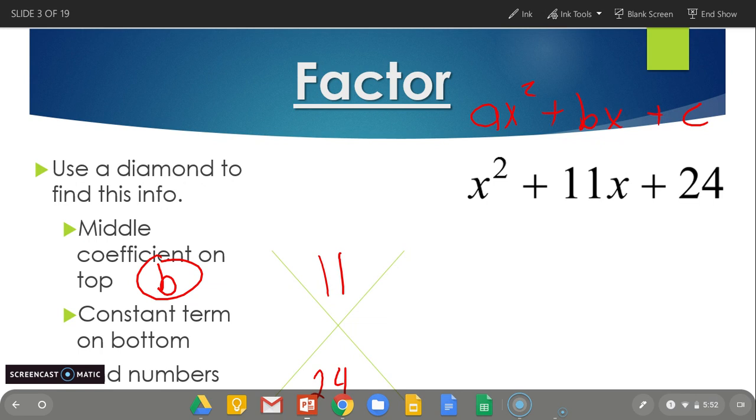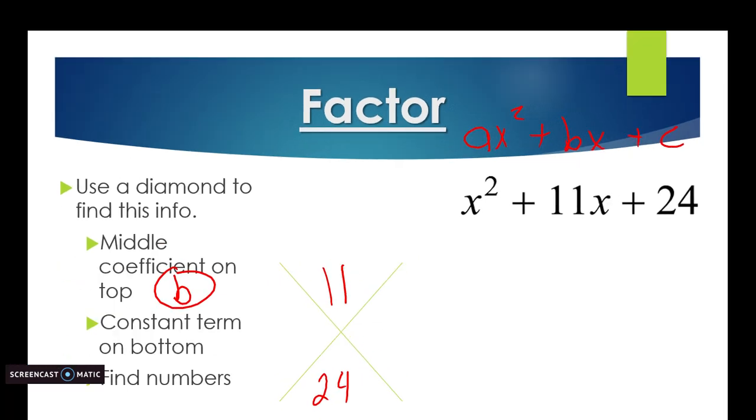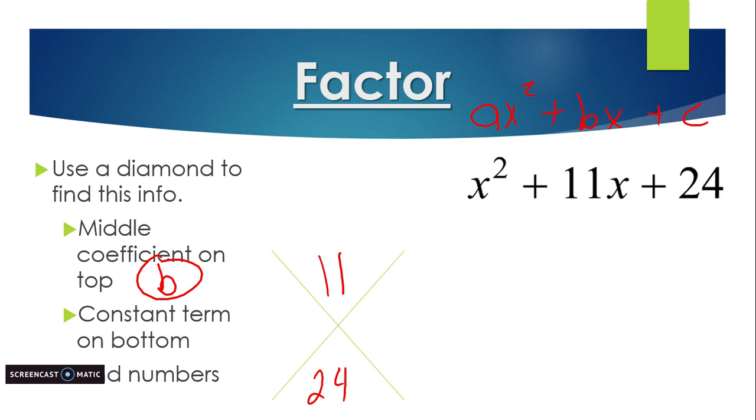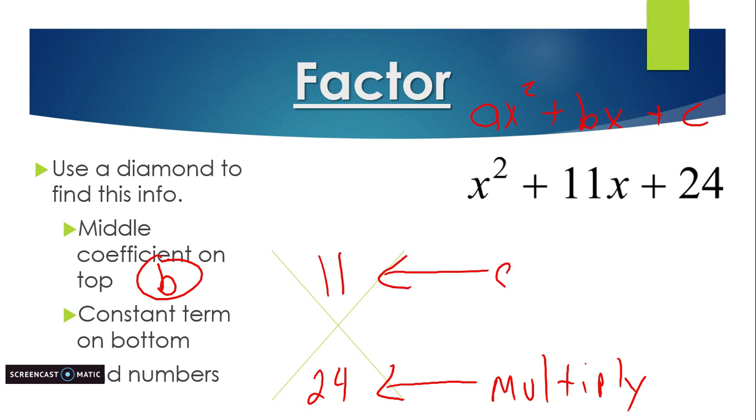The last step here says to find the numbers. And what that means is that we need to find two numbers that are going to multiply to get the bottom number and add to get the top number.